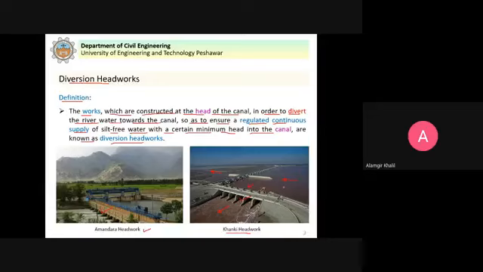So in the diversion headworks, arrangements are made and measures are taken to remove the sediments or minimize the sediment inflow into the canals. We will study in detail what those measures are that are adopted to control the silt entry into the canal.